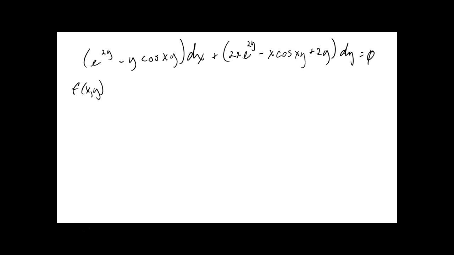So, with that in mind, we know we better have it so the partial of this f with respect to x is equal to M: e to the 2y minus y cosine xy. That's what it's got to be. If that is a solution, that's got to be the partial of it.